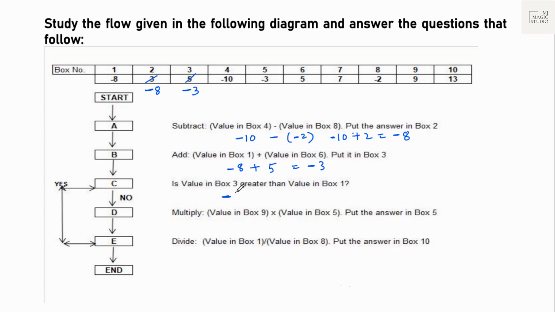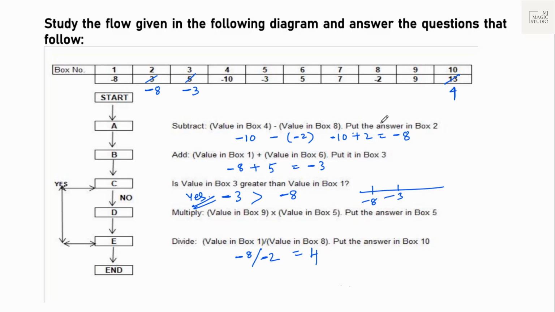Is value in box 3 greater than value in box 8? Yes. Minus 3 is greater than minus 8. So yes, we will go to E. Divide value in box 1, that is minus 8, by value in box 8. Box 8 is minus 2. That will give us 4. Now put the answer in box 10.